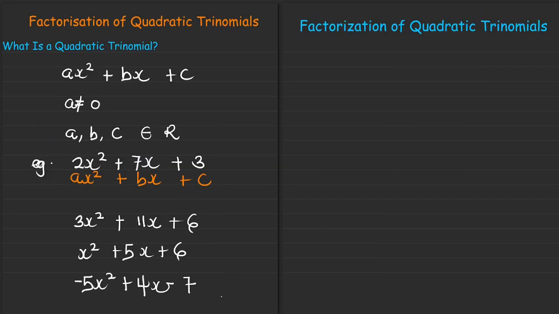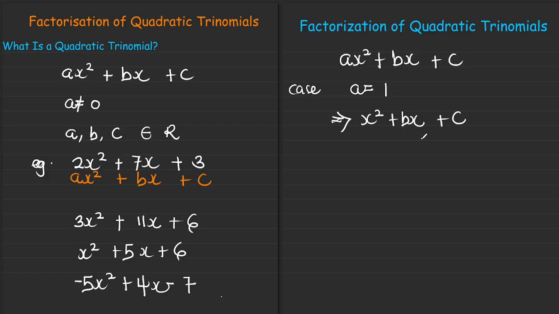Now, when it comes to factorization of a quadratic trinomial, first of all, we said our quadratic trinomial is of the form ax squared plus bx plus c. Normally, there are books that say there are two cases. For case 1, when a is equal to 1, your quadratic trinomial is going to be x squared plus bx plus c.